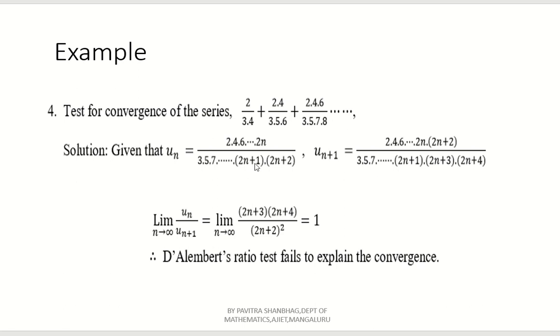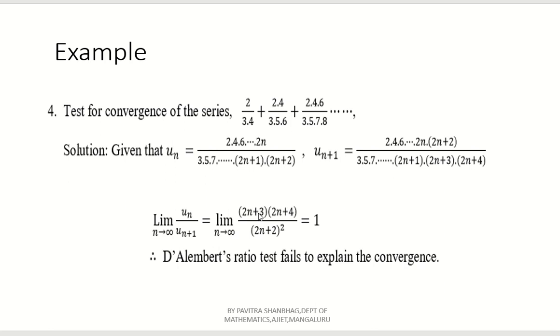Now take the ratio. What remains? This will remain: 2n plus 3 into 2n plus 4, divided by this 2n plus 2 and this 2n plus 2 multiplied, so it will be a square. Here it will be 2 only. So if you simplify, 2n into 2n, see here, nth term keep outside, here also nth term keep outside, 4n square remains. Similarly here, if you expand (a plus b) whole square, 4n square remains, keep out 4n square, it gets cancelled.